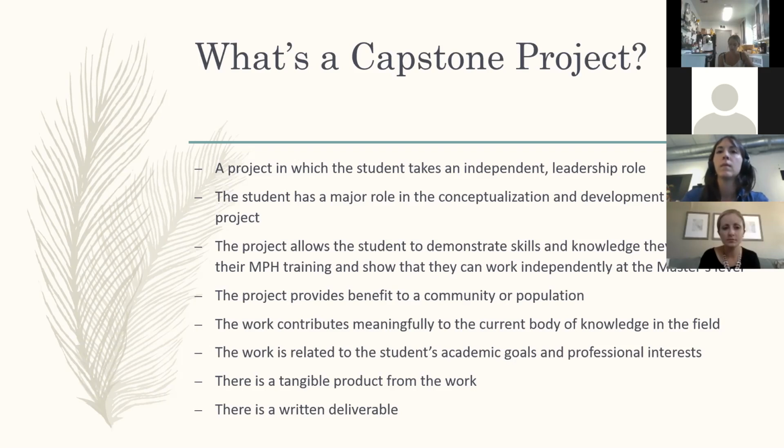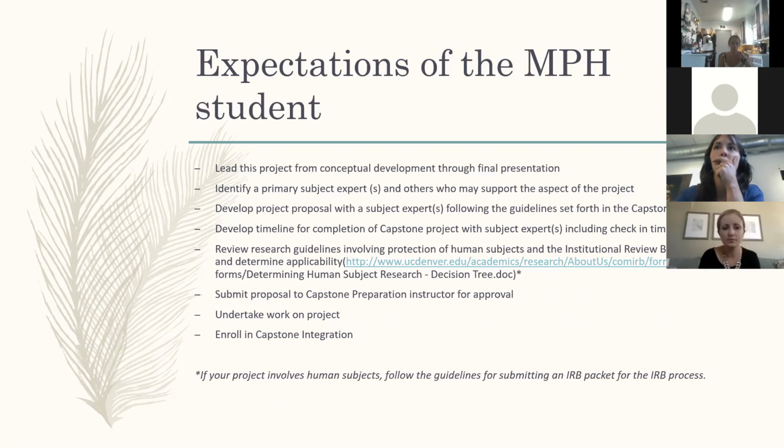But it needs to have a culminating thing at the end of that project. And then you also, as a requirement, have to have a written deliverable. So you must turn in something in writing that can be assessed by the capstone instructors. Again, please stop me if you have any questions.